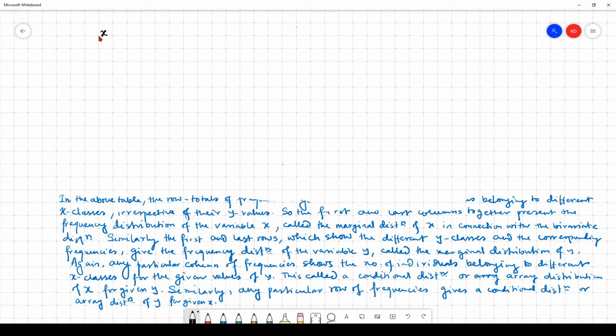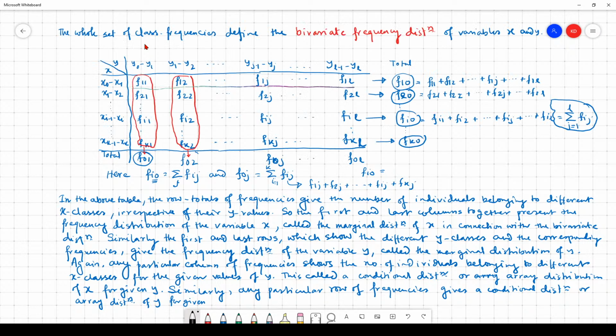So if you add all the frequencies f11 plus f12 plus f1j plus f1l, that means you eliminate the effect of y.